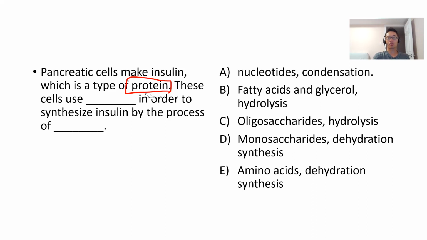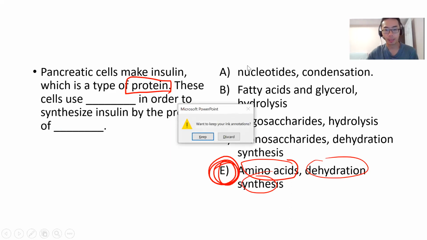Proteins are made up of amino acids, right? And to connect amino acids, we do dehydration synthesis. So the answer is E. Some people choose B, right? Fatty acids, glycerol. That's for lipid, not for proteins. I hope that makes sense.